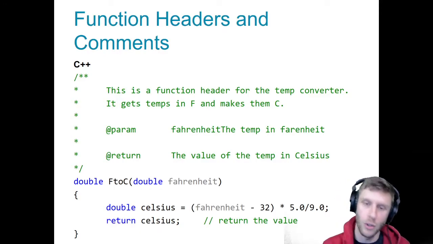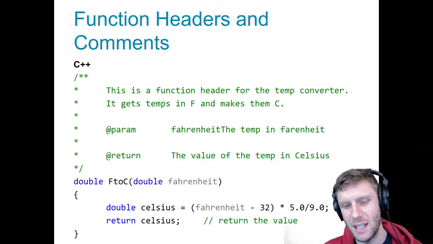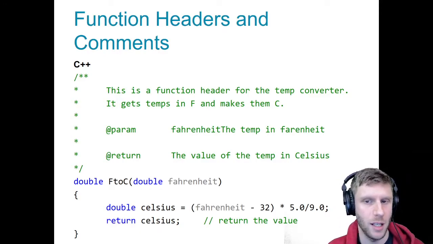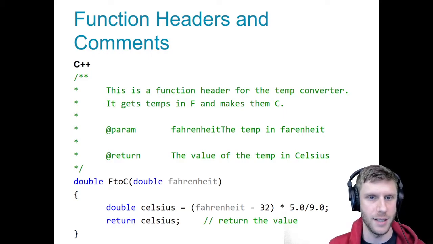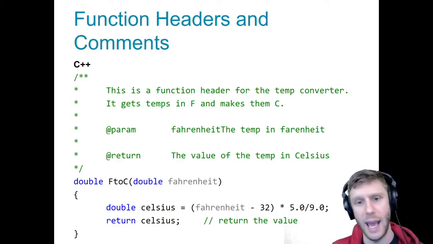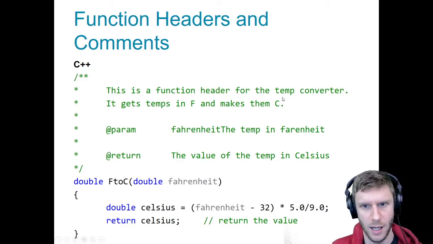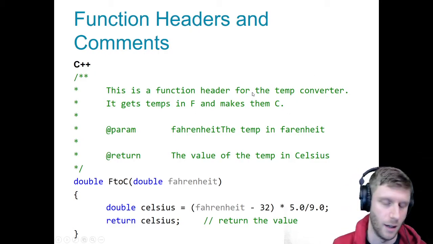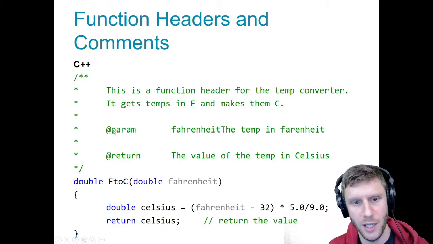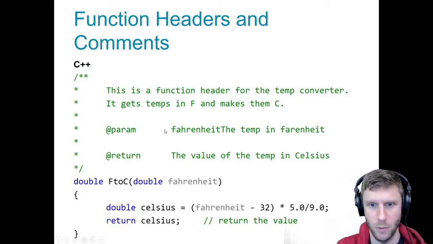At the end of the day, I don't really care what format you use as long as it's descriptive and consistent. So the idea is at the top of your function comments, you say, okay, this is a function header for the temperature converter. It gets a temp in F and makes it C. All right, whatever. And then you put your @param to list whatever parameters you have.